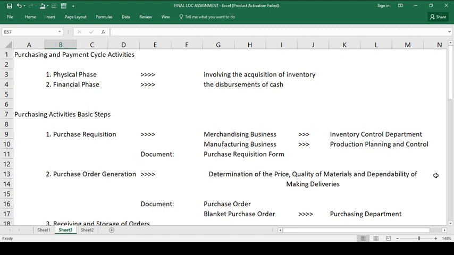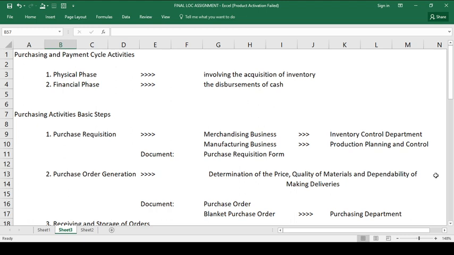In manufacturing business, it is the production planning and control department. Because in a manufacturing business, remember, a finished good inventory undergoes three different processes. From raw materials to work in process goes to the finished goods inventory.